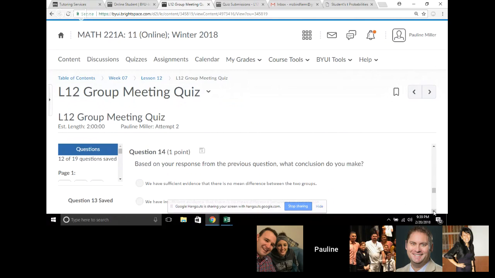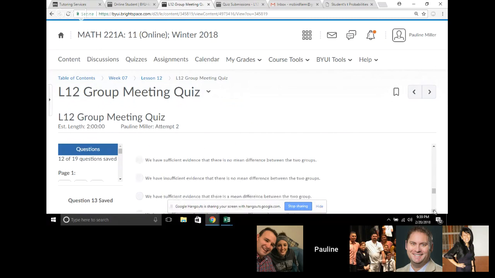And then based on your response from the previous conclusion, what do you make? So, we have sufficient evidence that there is a mean difference between the two groups. Yes, right.